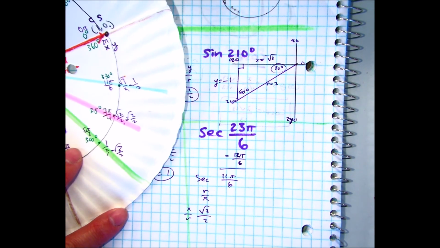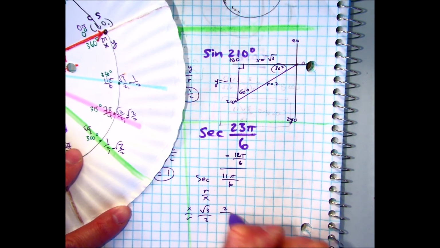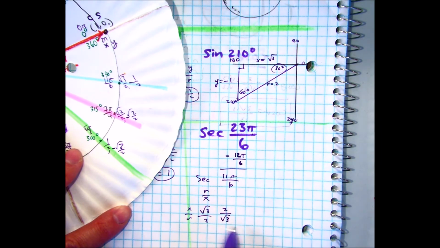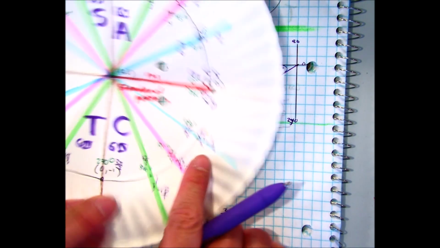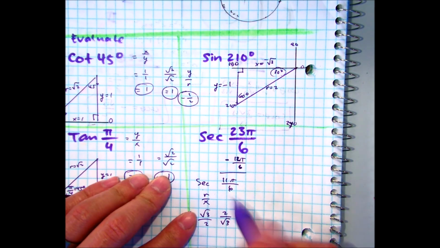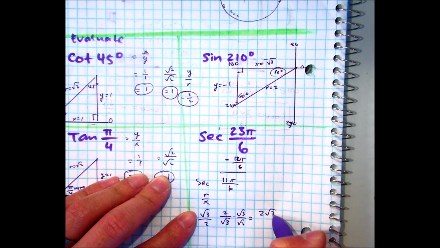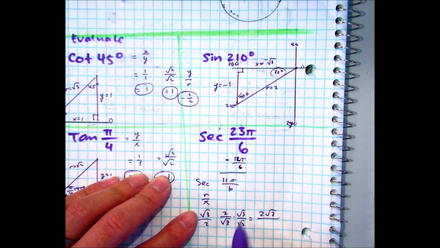Did you guys notice that? So if I take the reciprocal of that, I get 2 over radical 3. The reason I'm taking the reciprocal is because cosine is radical 3 over 2, but I need secant. Then I just need to rationalize it: 2 multiplied by radical 3 over 3 gives me 2 radical 3 over 3.